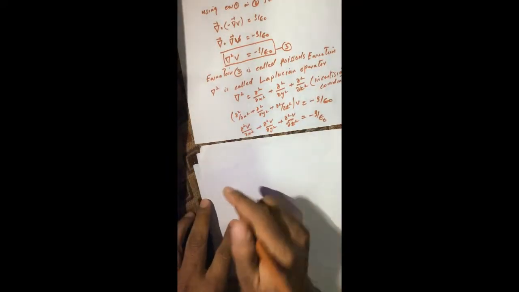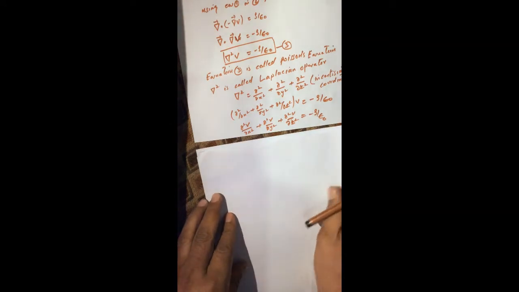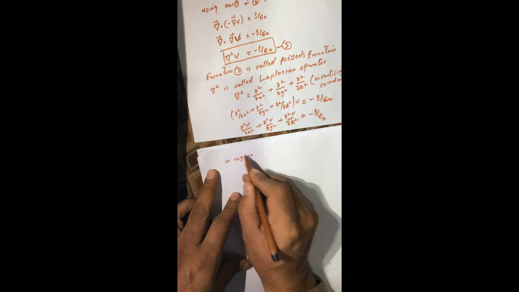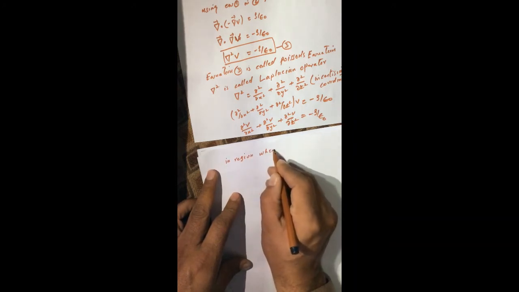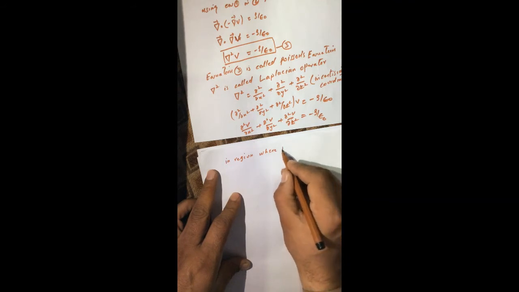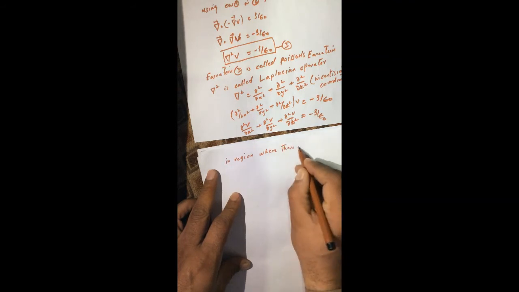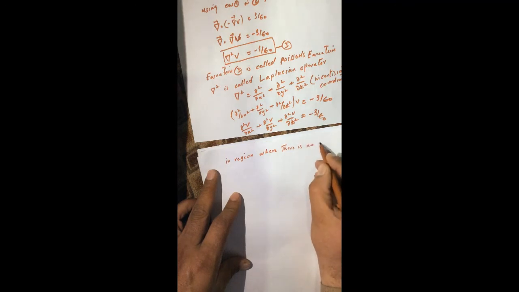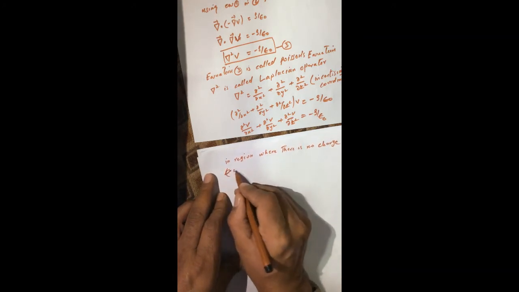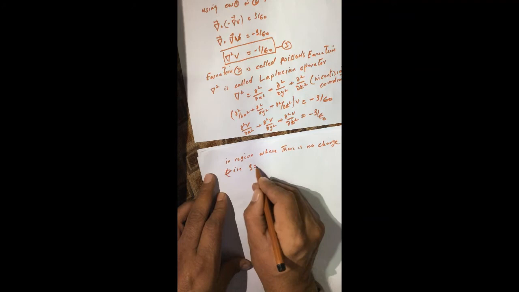So for such a case, like in a region where there is no charge, the charge density will be zero there.